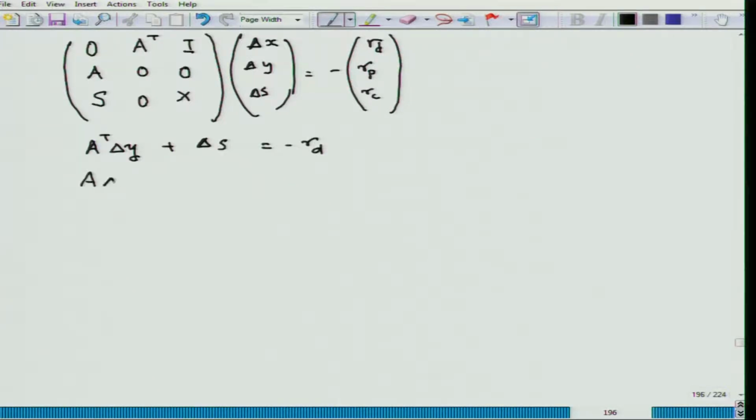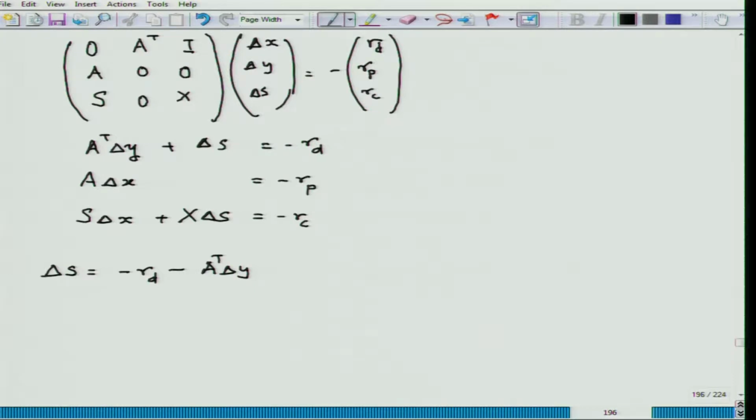A times delta x, remaining at 0, is minus RP. S times delta x plus X times delta s, the last one, gives me minus RC. From the first one I have delta s is minus RD minus A transpose delta y.